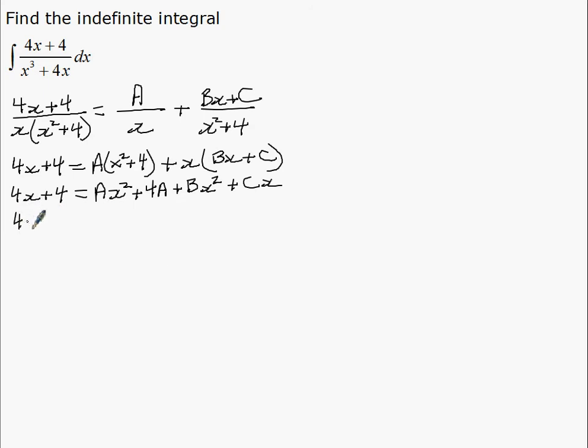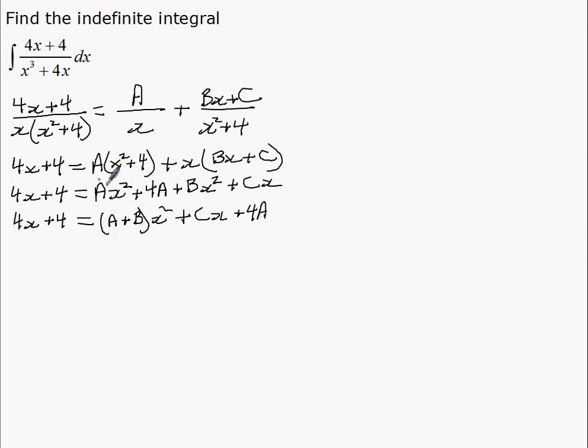So if we simplify by collecting similar terms, in front of the x squareds we have a plus b. We have cx, and we have 4a.